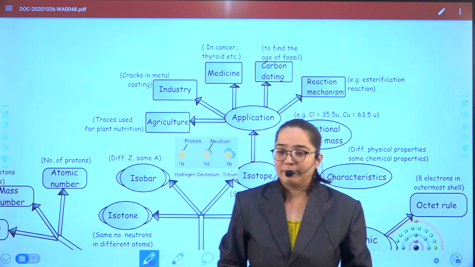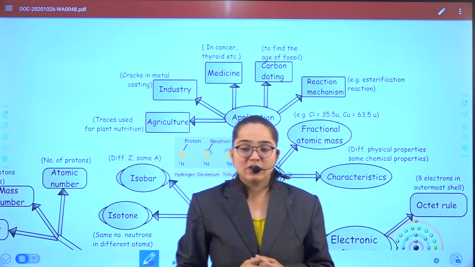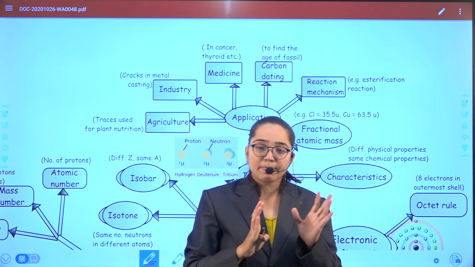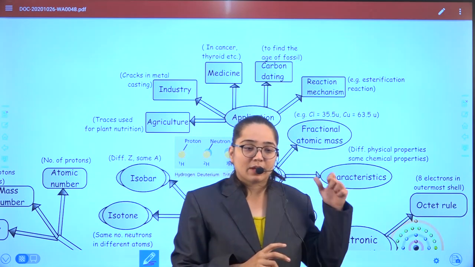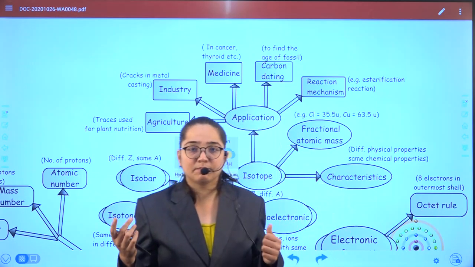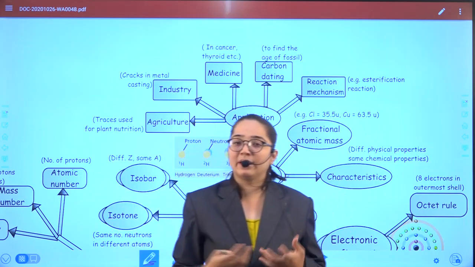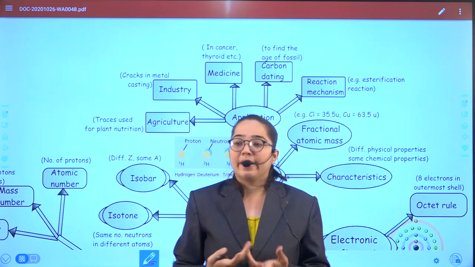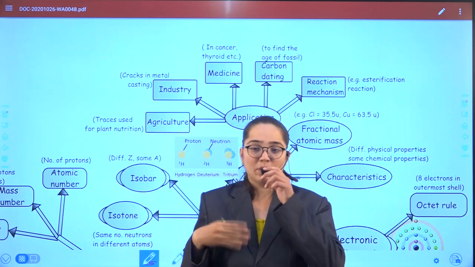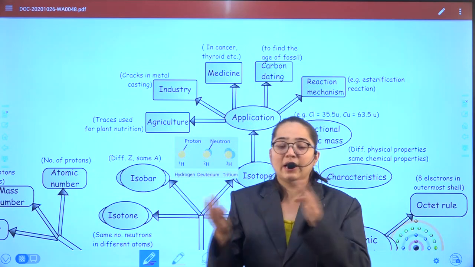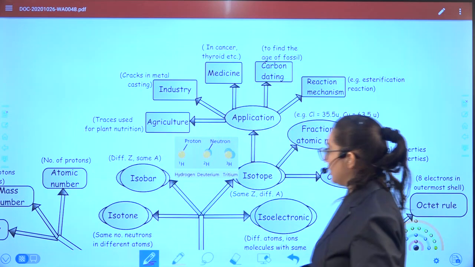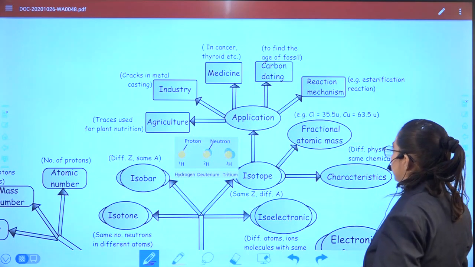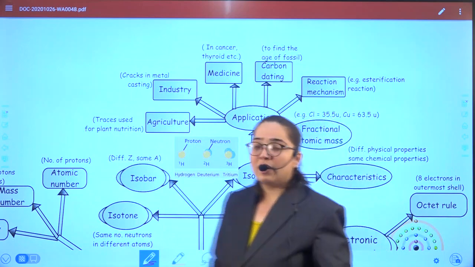The next is the carbon dating method. In the carbon dating method, for any material that contains carbon, we can predict its age. The next one is the reaction mechanism, that is the esterification reaction.